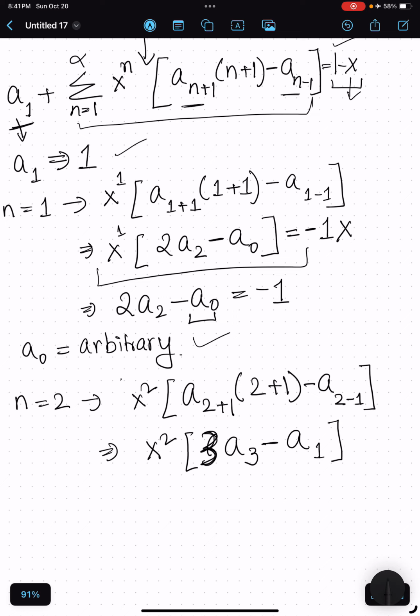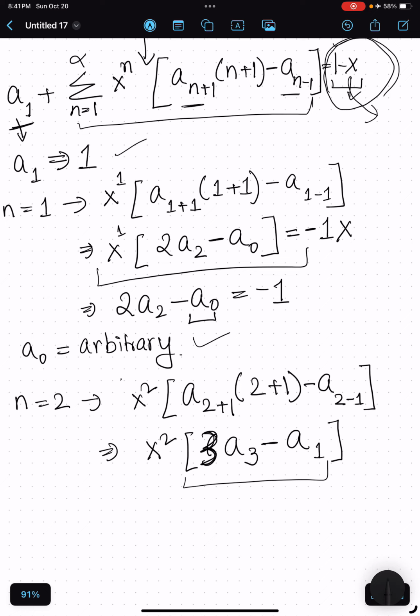So now when our power of x is equal to 2, my coefficient is 3 times a sub 3 minus a sub 1. Let's go ahead and look at what coefficient value I have on my right-hand side. And if you look, we actually don't have any coefficients for the x power for n equal to 2, or any value greater than 2.